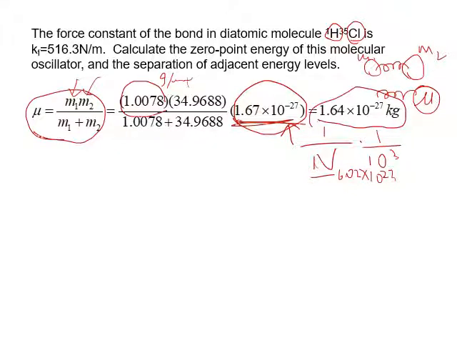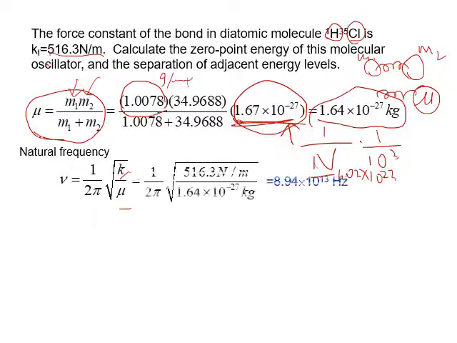So the natural frequency of the vibrator from classical physics is 1 divided by 2 pi times the square root of k over mu. Mu is the reduced mass, and k is the spring constant. So plug in.